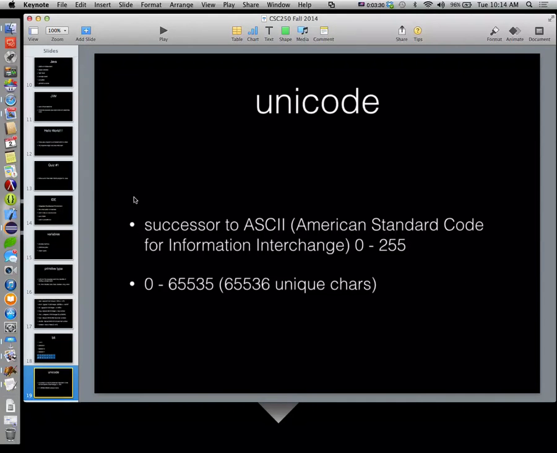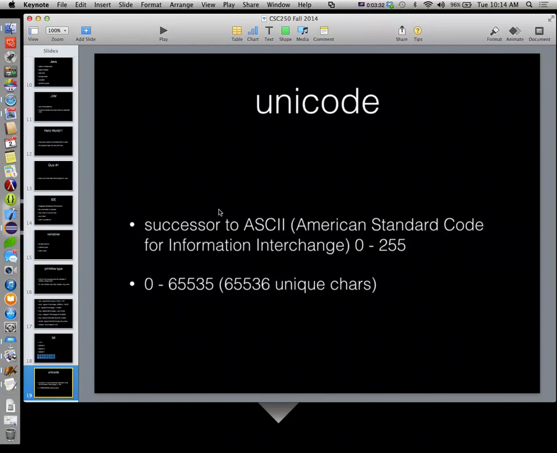Unicode is the successor to ASCII. ASCII contained the 256 American codes. We only have so many letters and numbers and symbols, and then there's playing cards and things like that. I tried to show that to you last time, but the terminal didn't know how to interpret a lot of them. But Unicode adds symbols from other languages into that.